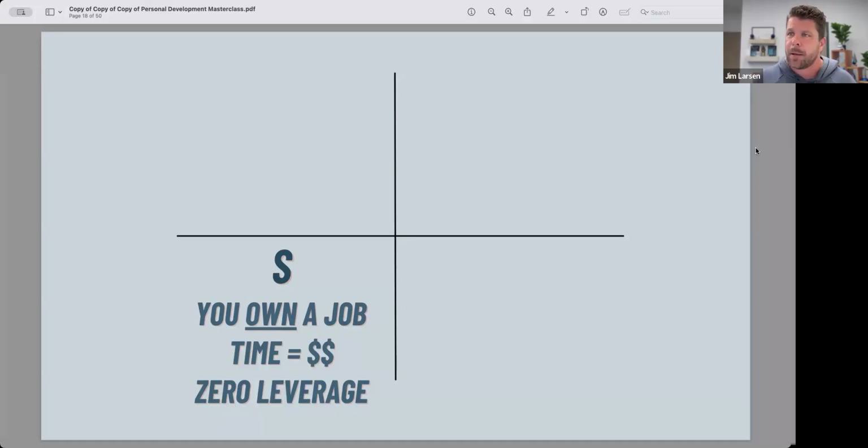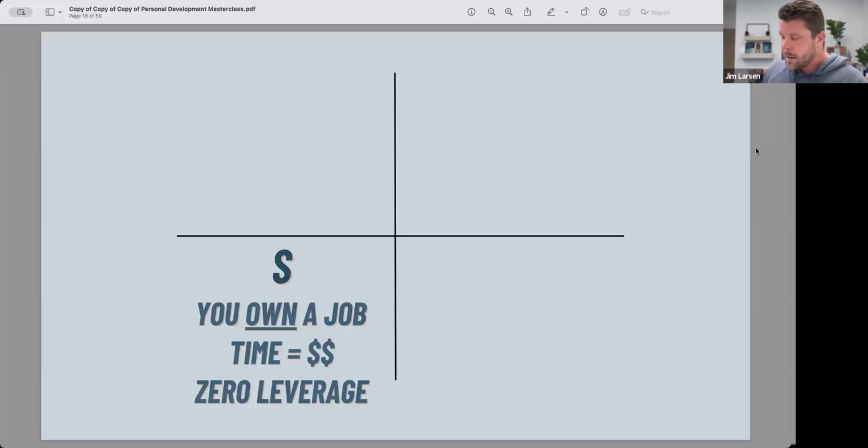He might have a couple of employees, but this business very much depends on him showing up. He is the owner-operator. If he does not show up, nothing moves, nothing works. So he's still trading time for money. He still doesn't have leverage. He can hire some employees, but everything falls on him.